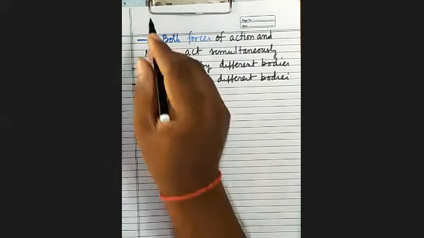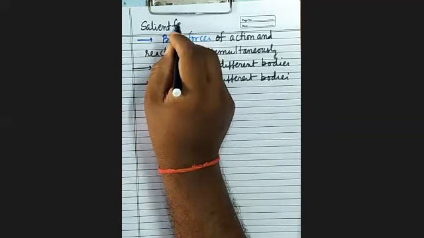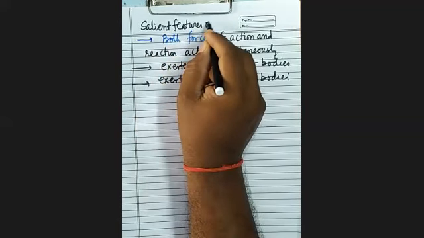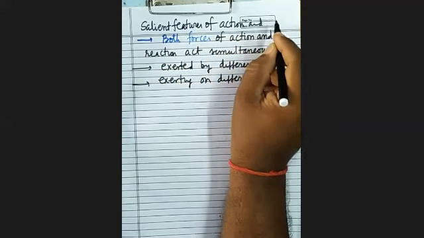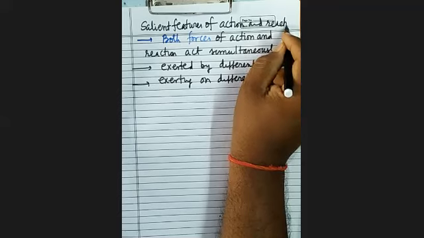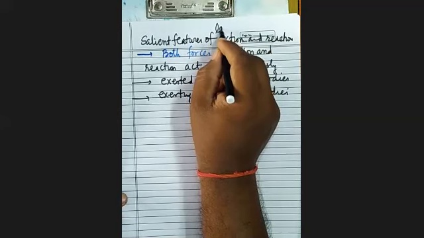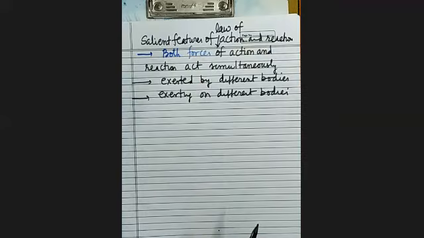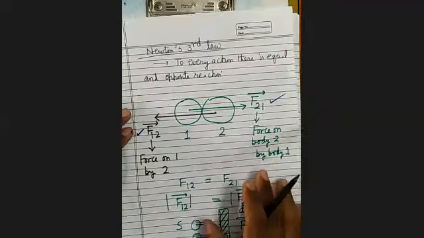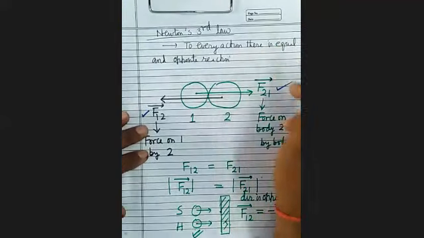These are the salient features of the law of action and reaction. What is the law of action and reaction? To every action there is an equal and opposite reaction.